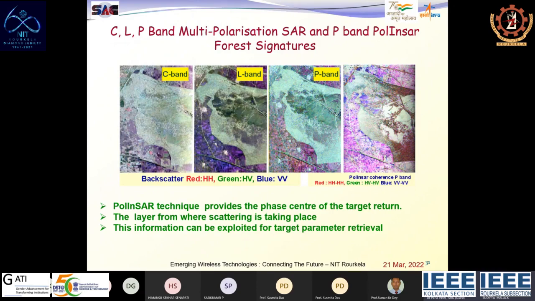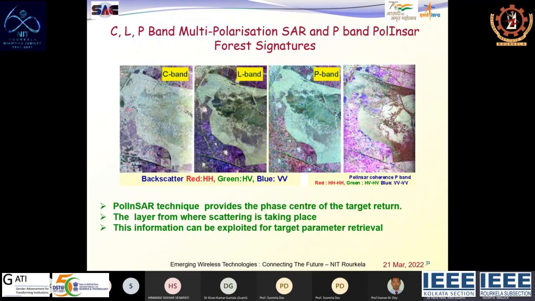But when you look at these three images, in the vegetation you don't see much difference because it's a very thick vegetation, and very tall trees are there. If you look at the PolInSAR coherence, then very accurately you can see the difference, because the soil conditions underneath are also the same for this entire area, as these are all rain-fed areas.